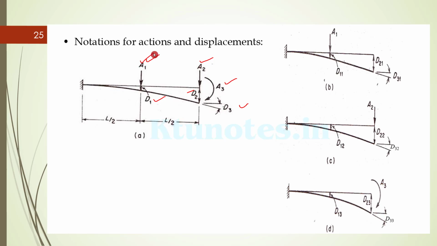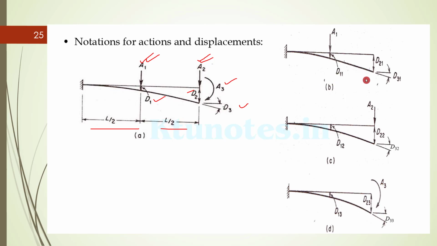A1 is a vertical load, A2 is a vertical load at the free end, and A3 is a moment. These A1, A2 and A3 are the actions on the structure, and due to these actions there is a deflection D1 below the load point A1. Below the load point A2 there is D2 deformation, and definitely due to the moment there is a D3 also. These are the lengths of the beam, L by 2, L by 2.